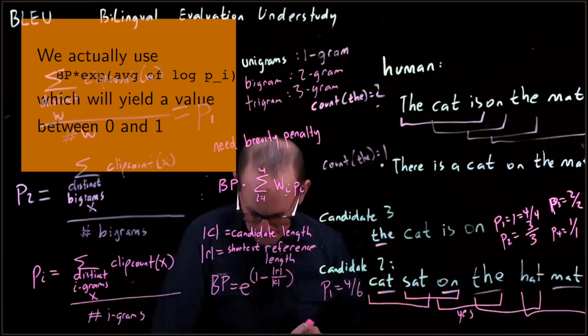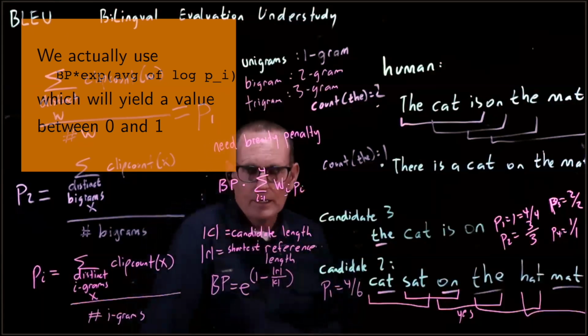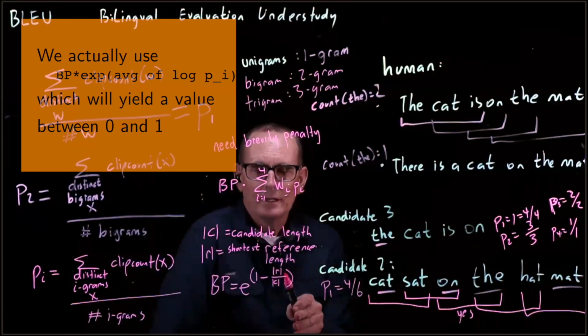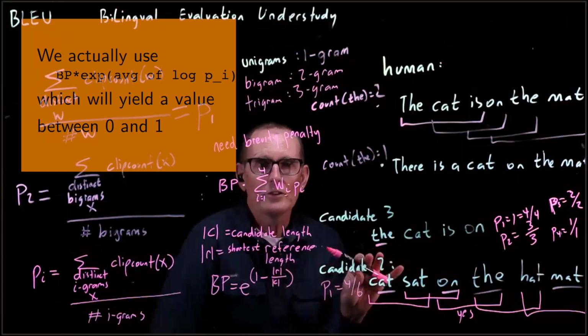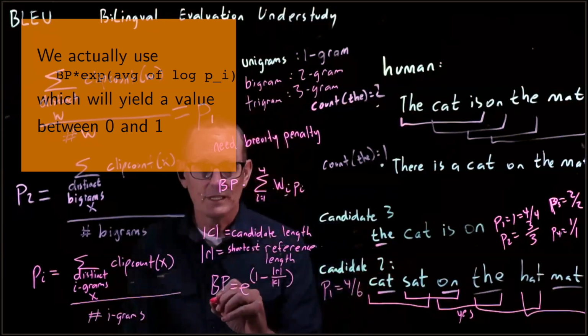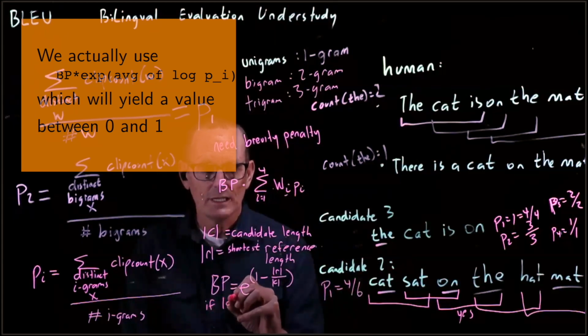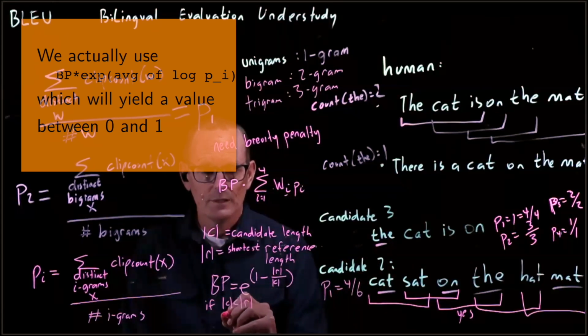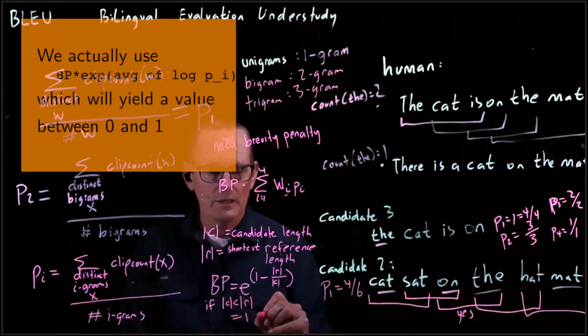So let's see if this makes sense. If R is equal to C, then this is just 1 minus 1, which is e to the 0, which is 1, and there's no brevity penalty. So this is the brevity penalty if C is less than R, and it equals 1 otherwise.